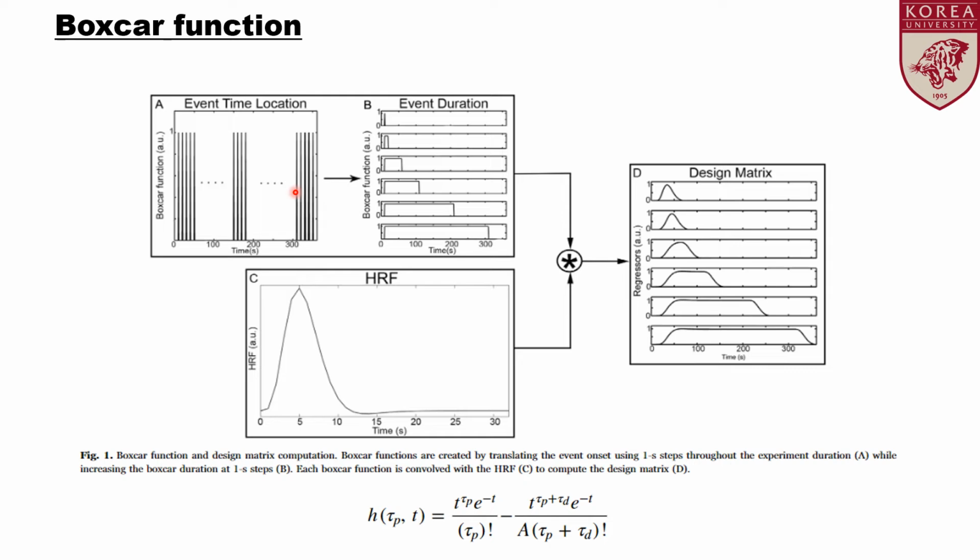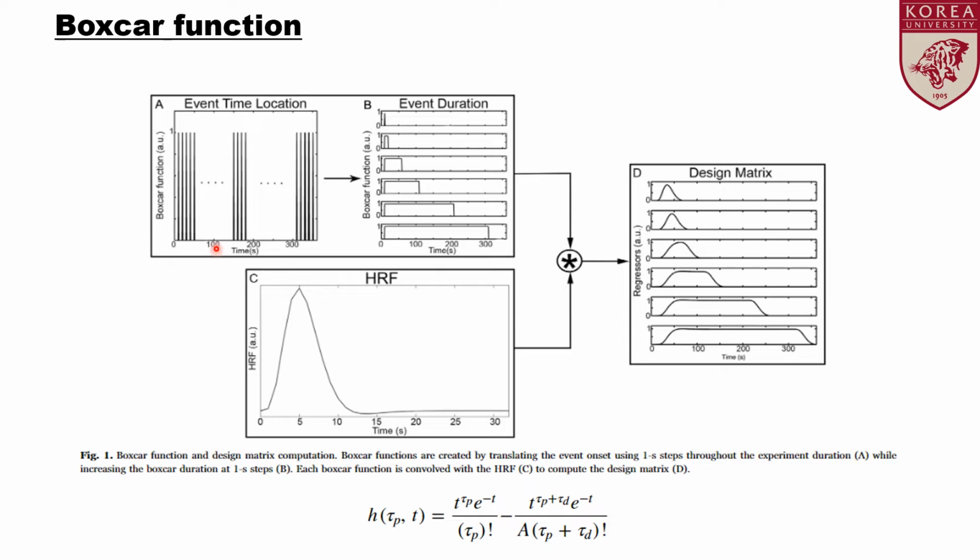In this article, to test all the possible combinations of time duration of the events, they created boxcar functions by translating each event onset with 1 second step throughout the experiment, as we can see in figure A. These boxcar functions look like vertical lines in this figure.